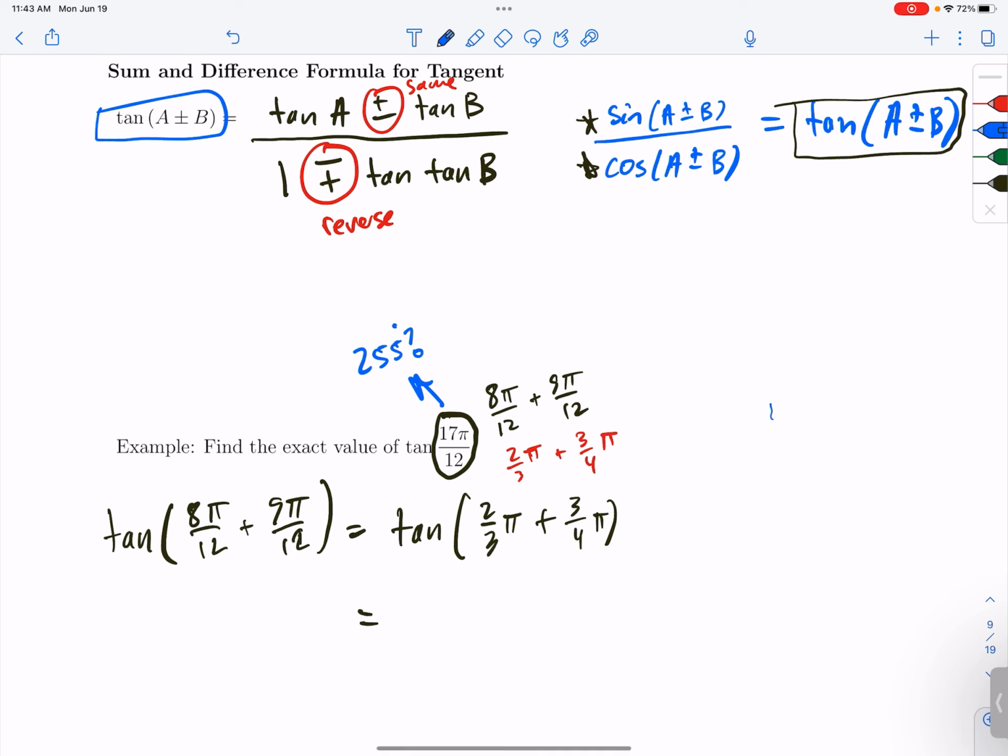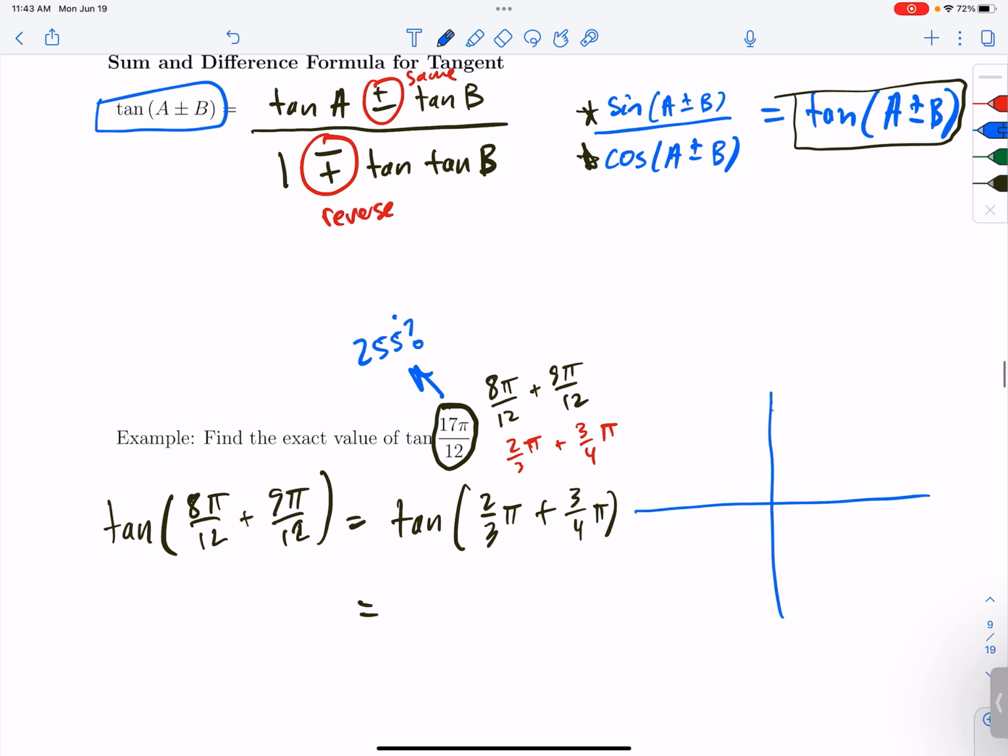Okay, so expanding this out, I'm just going to use that formula from above. So tangent of 2 pi over 3, I keep the operator the same in the numerator, plus tan of 3 pi over 4. And then in the denominator, we're going to say 1, I reversed the operator, so now it's minus.